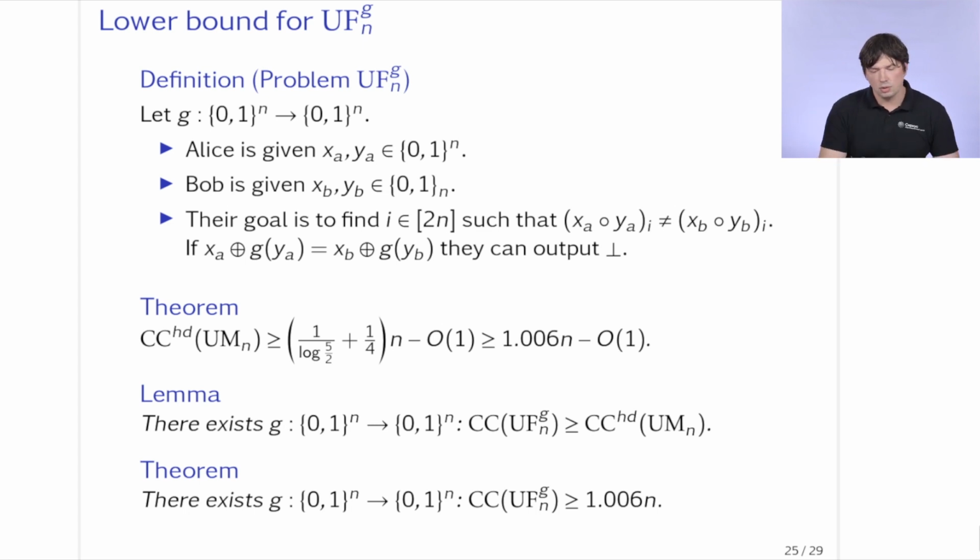So we can prove this horrifying number of rounds is needed for the problem to be solved, which sums up to this 1.006 n. And then we can use this reduction from half duplex complexity of multiplexer to a normal complexity of a function to prove the lower bound 1.006 n for some function g.